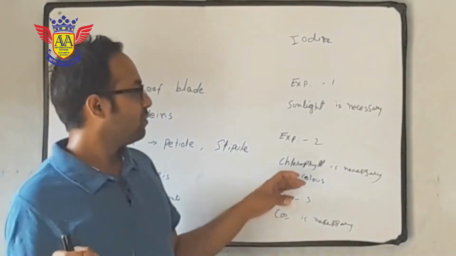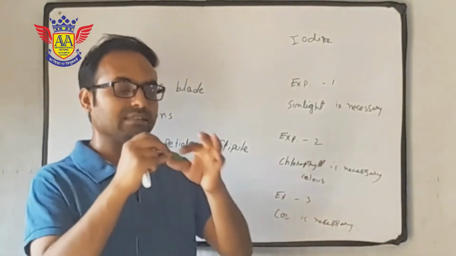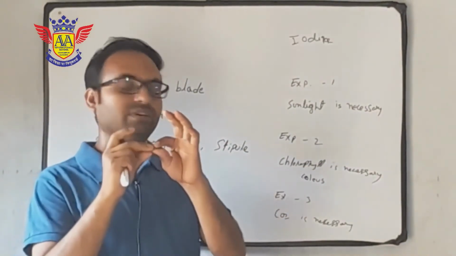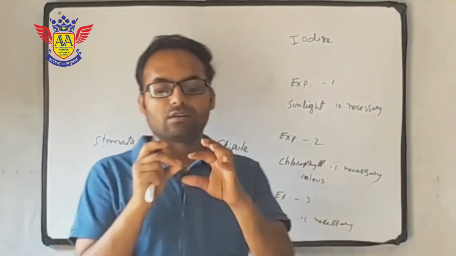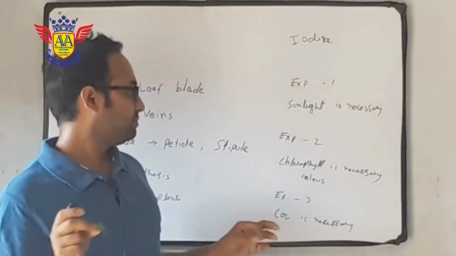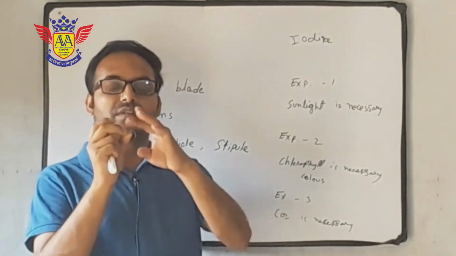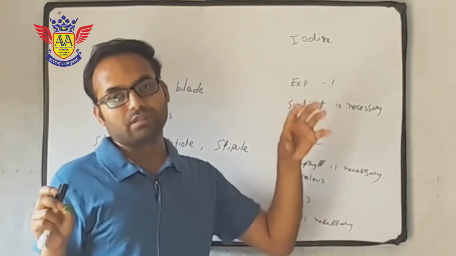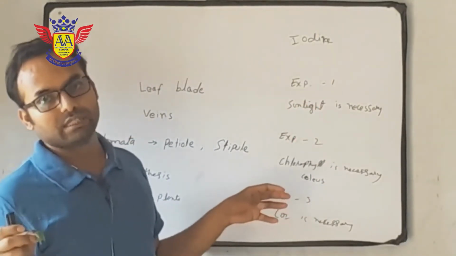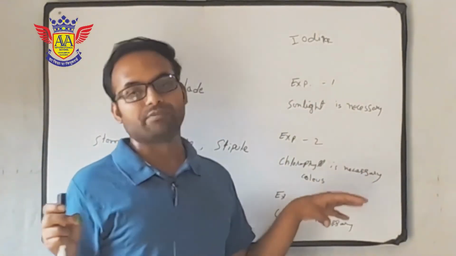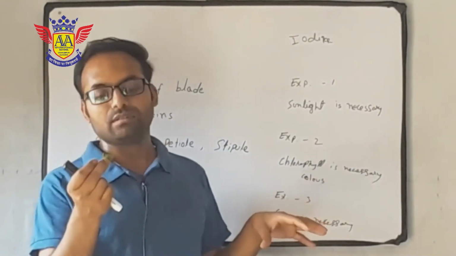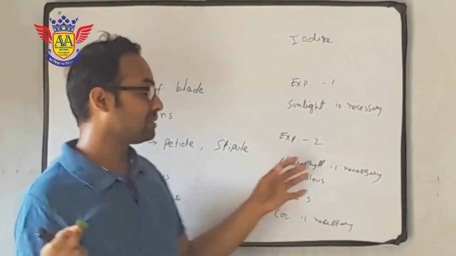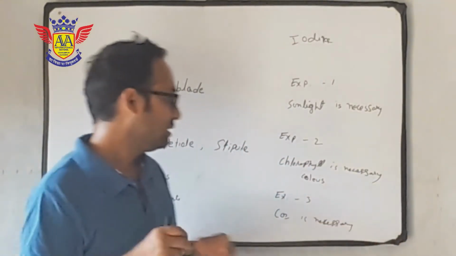We cover the green side of the plant with black sellotape, so the green part is covered. If we put 2 or 3 drops of iodine solution on it after 2 days, we will not see any color change. So that indicates that chlorophyll is also necessary for the process of photosynthesis.